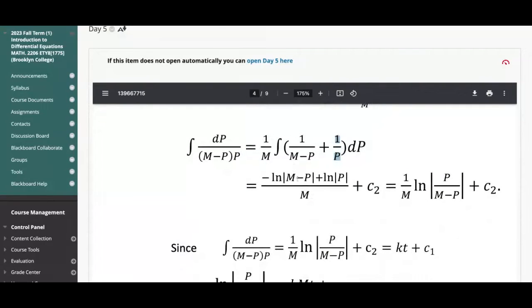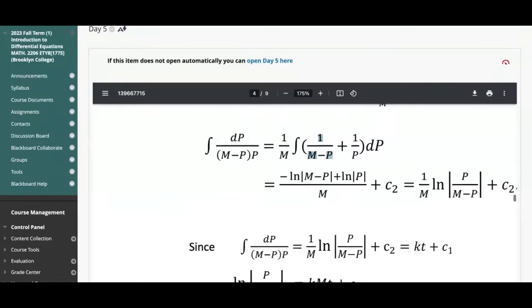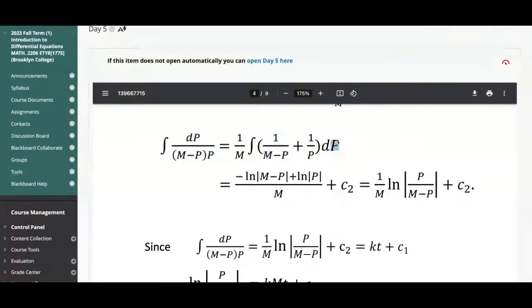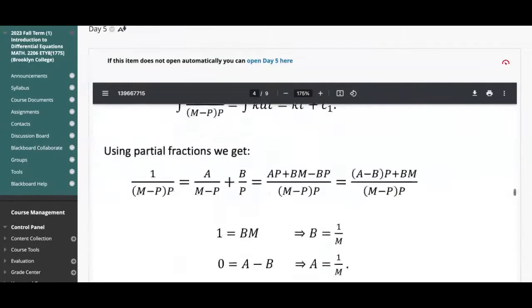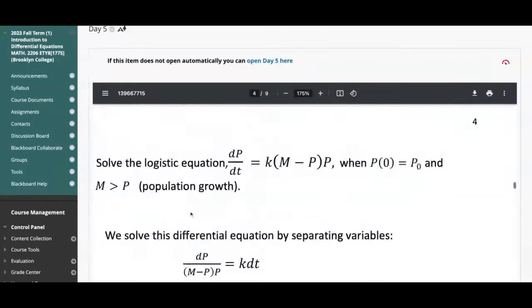We'll integrate this. We'll get ln, because we are integrating in terms of p. In terms of p, m is just some constant. So we get ln absolute value of m minus p. We don't really need the absolute value of m minus p because we defined m greater than p.